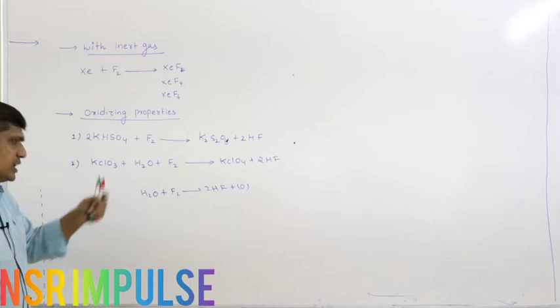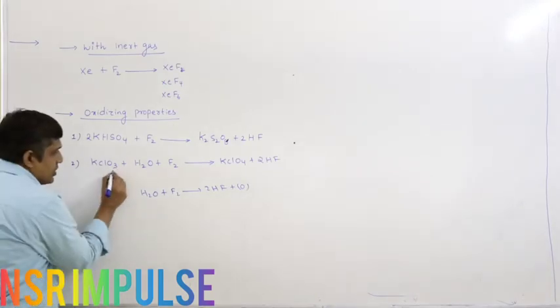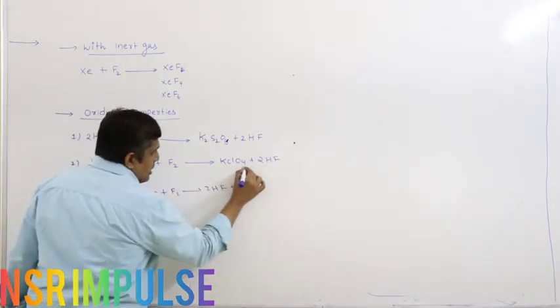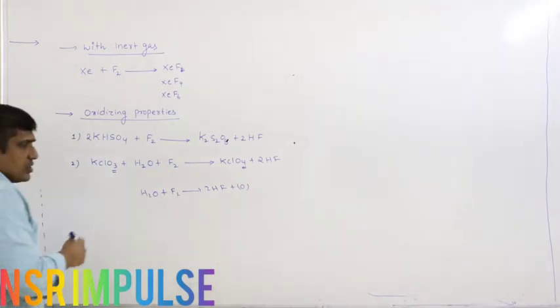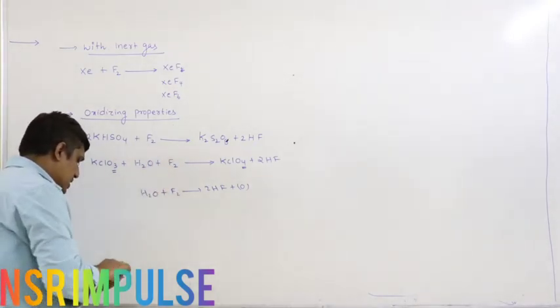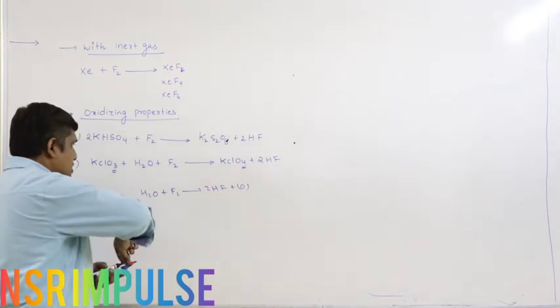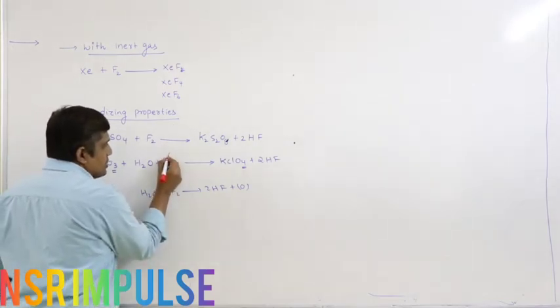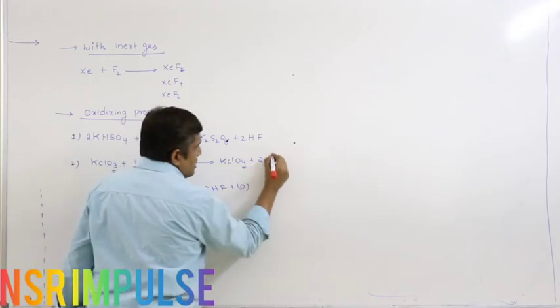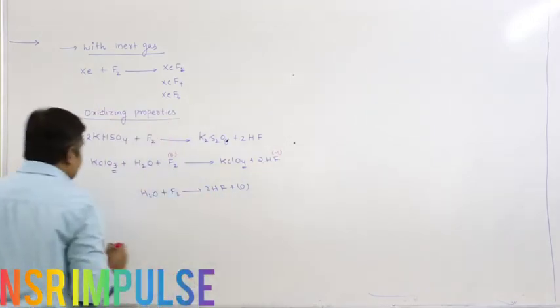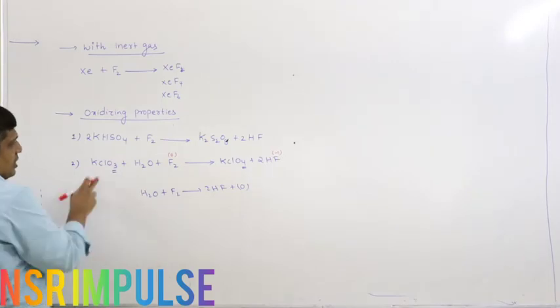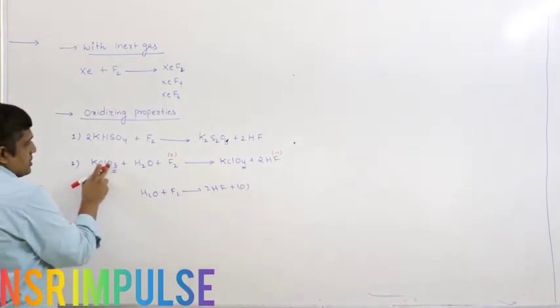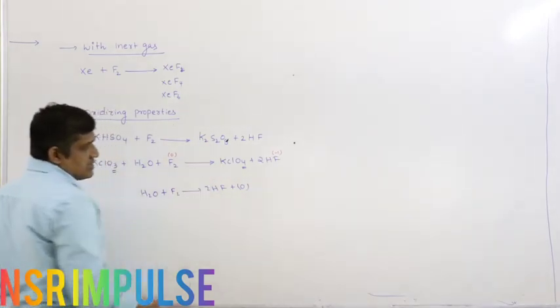We will get KClO4. Addition of oxygen is nothing but oxidation. So KClO3 is oxidized. You can see the number of oxygen atoms here, there are 3, here there are 4. Addition of oxygen is nothing but oxidation. So what is the oxidizing agent? F2. Let us assign the oxidation state for fluorine. This is 0. Here what we get is -1. In KClO3 the oxidation state of chlorine is +5. Here you will get +7.